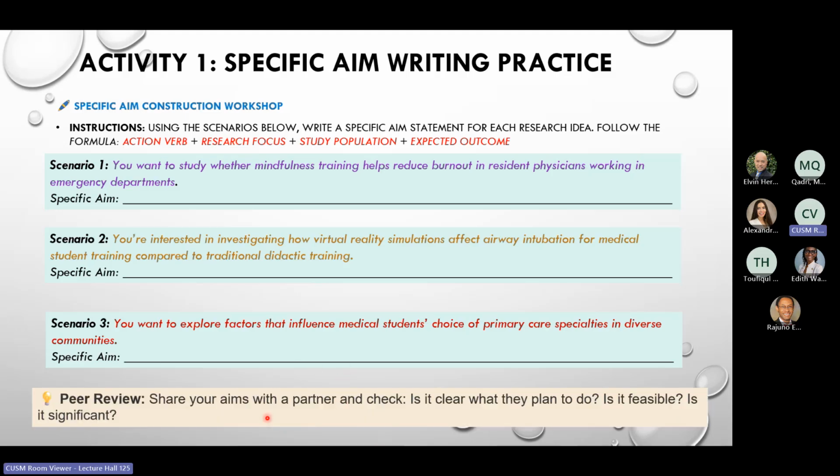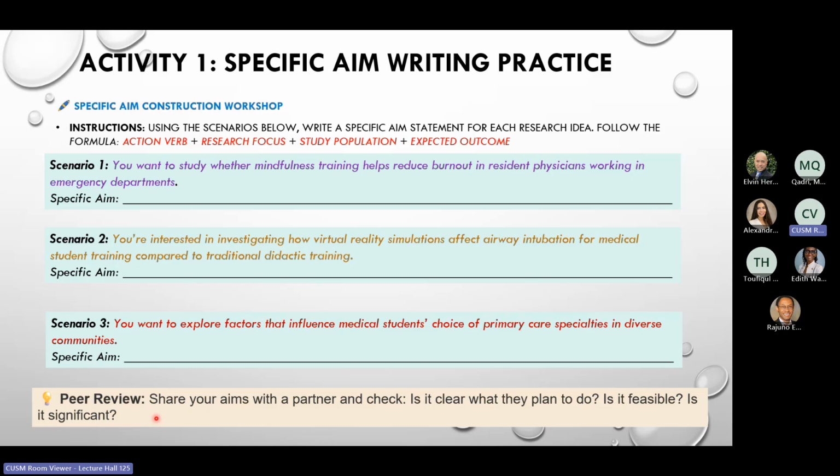Let's keep going. Something that I recommend to all of our researchers and those of you working on research projects is don't do this in isolation. Practice writing your specific aims, especially for those of you writing research proposals towards extramural funding and grants, because a second, third, maybe fourth pair of eyes helps.